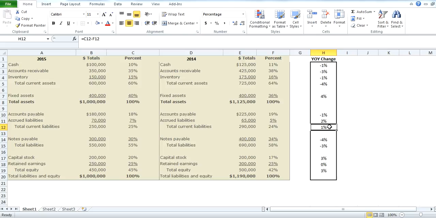If your liabilities are going up and your assets are going down, it means you're using more debt to finance and operate the company, which is a huge concern for a company, because it means that you might not have the cash on hand to meet your short-term or even your long-term obligations, and you might end up in a situation where the company is no longer able to sustain and support itself.